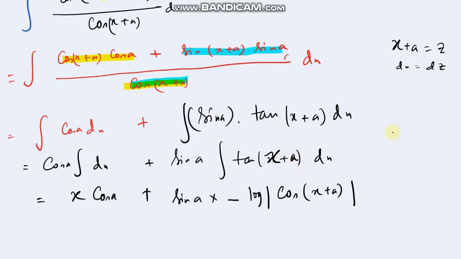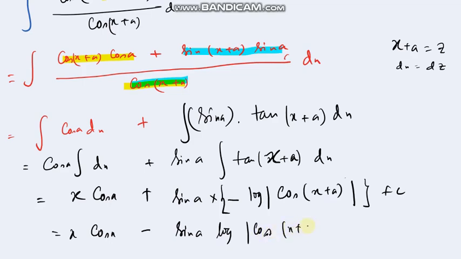But if anything is multiplied or divided with the variable part, that time we have to take care of our formula. So plus c, so now it is x cos a minus sin a into log mod cos of x plus a, plus c. So this is for this.